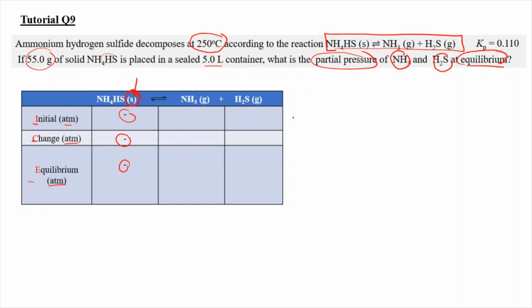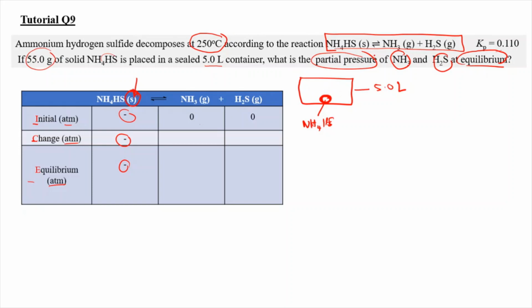Okay, and for the information for the gases here, we know that at the initial stage, there is not going to be any pressure for the ammonia as well as the hydrogen sulfide. So it's going to become 0 as well as 0 here. Okay, so you can imagine the situation to be something like this. Let's say you have a container which is 5.0 liter, and then you have a solid which is NH4HS. So at the initial stage, there is not going to be any decomposition.